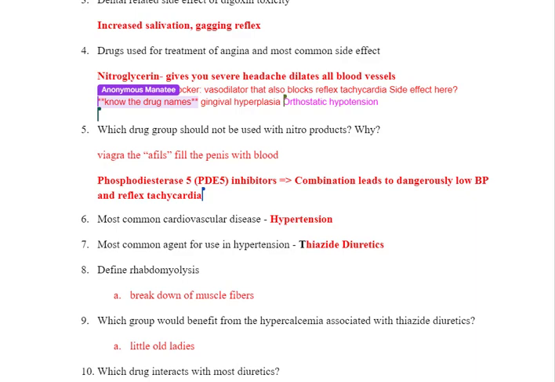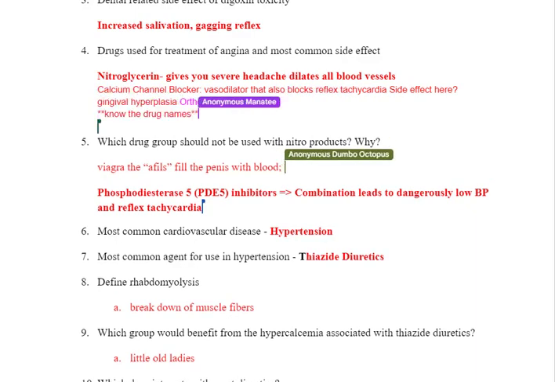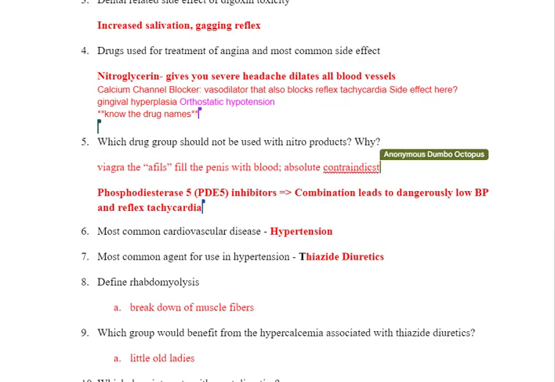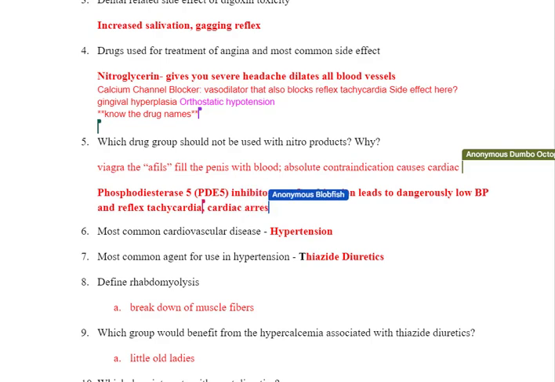Absolute contraindication. What's the cause of death? Significant vasodilation. What kills you? Cardiac arrest. The reflex tachycardia, the heart will get out of sequence, right? You'll probably end up with a ventricular fibrillation, and then a cardiac arrest.